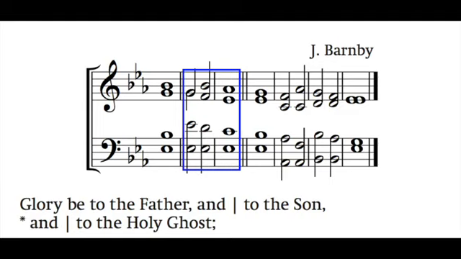Since there are no other pointing symbols, we assume that there is one note for each remaining syllable of this half verse. To the Son. That's one note for "to," one note for "the," and one note for "Son."